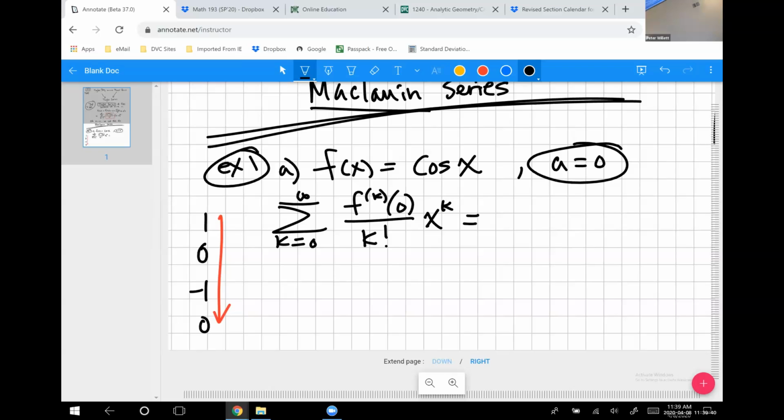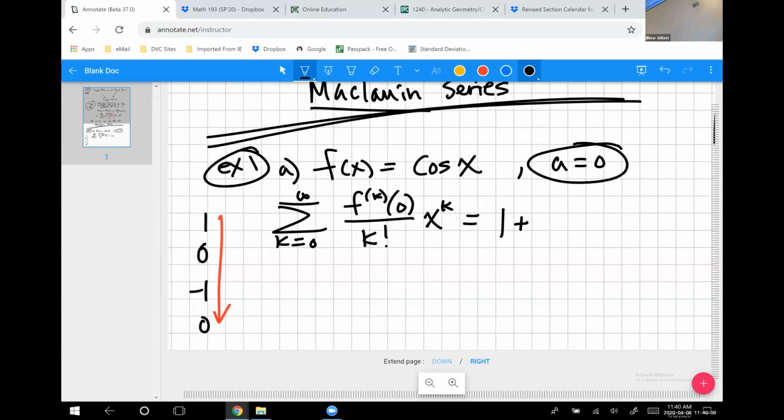So what does this look like? When k is 0, I have a 1 here, and the derivative is just the function at 0, so this starts with a 1. That's sort of taking the 0th derivative.